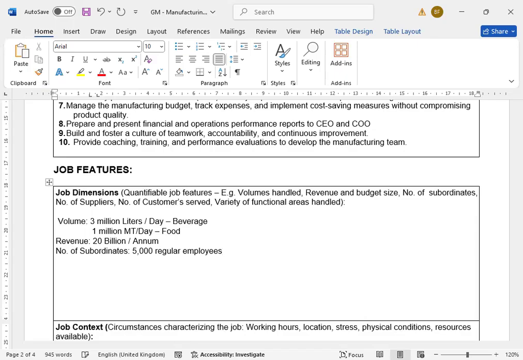And another, let's say, 2,000. These are different kinds of employees: there are regular employees and there are contractors.